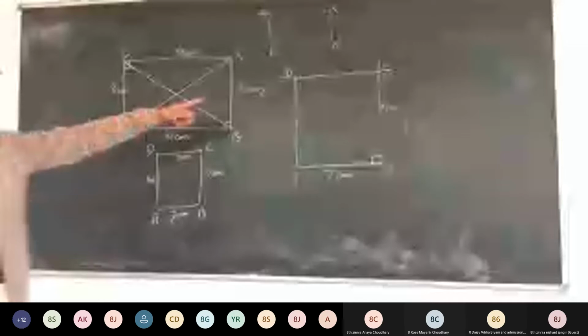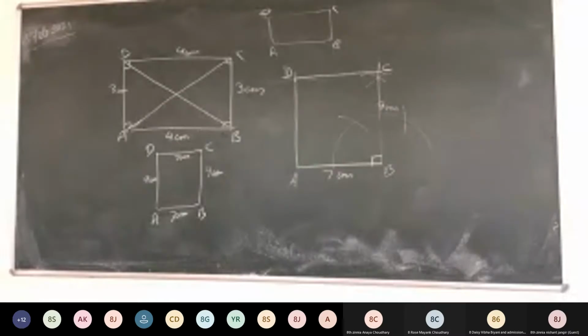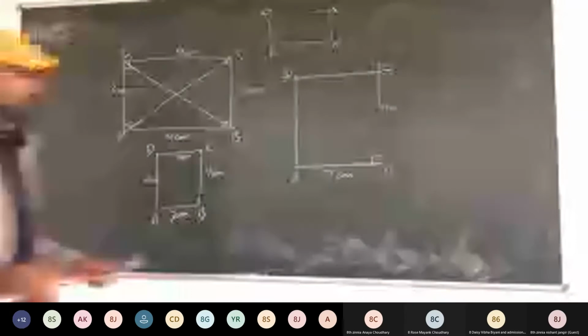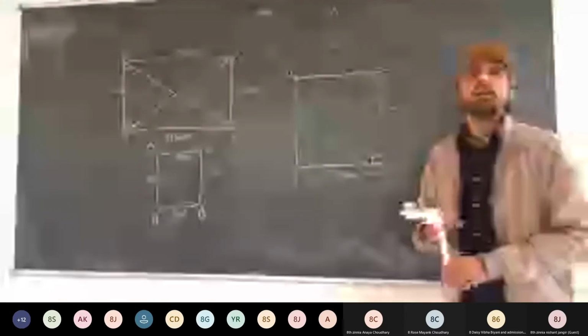Yes, Vedant, this happens when you look from the sides or at the back. So you understood it. When you talk, I can hear your voice. So now I'm able to get your voice.